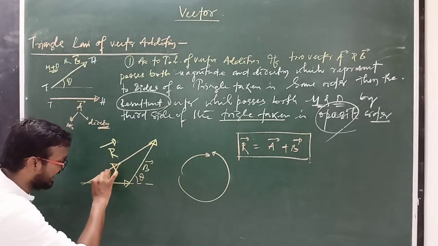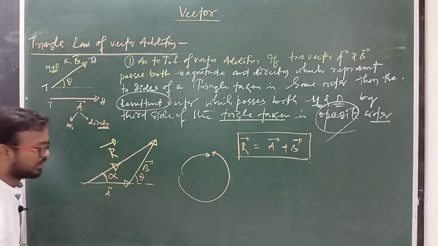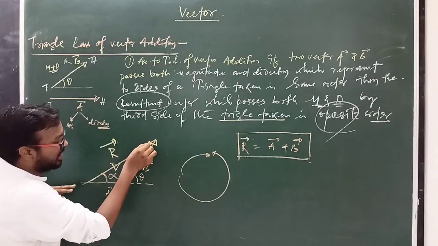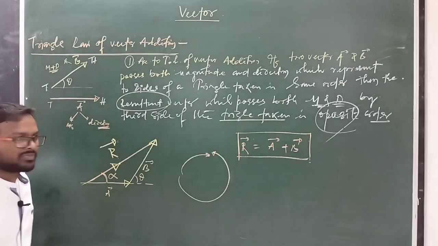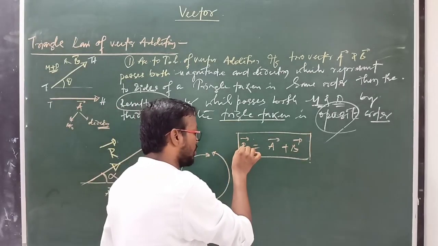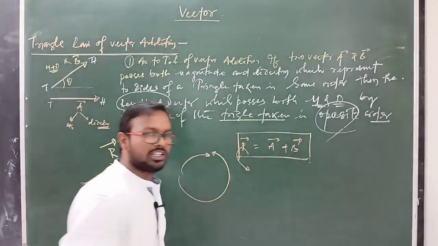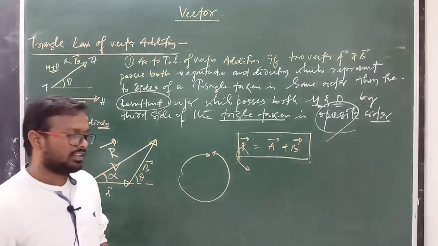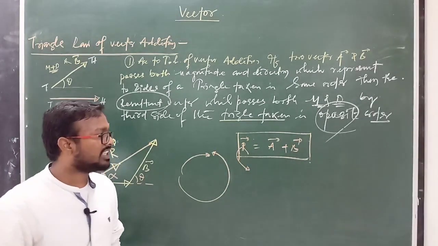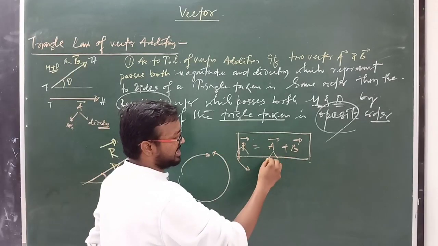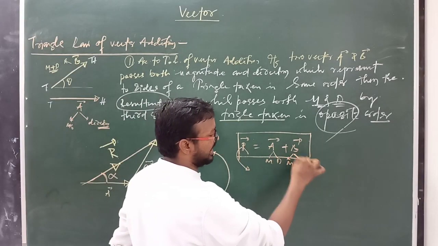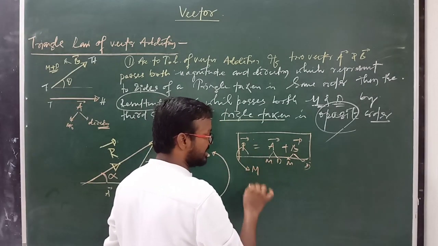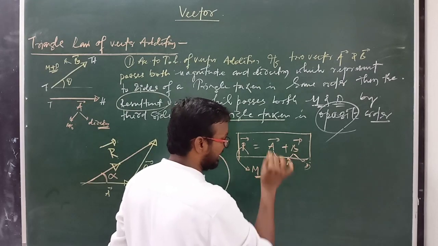This is known as the triangle law of vector addition. Clear? And this angle is known as alpha. What is alpha? Alpha is the angle between the resultant vector and A vector. A and B consist of magnitude and direction, and similarly the resultant vector consists of magnitude as well as direction.